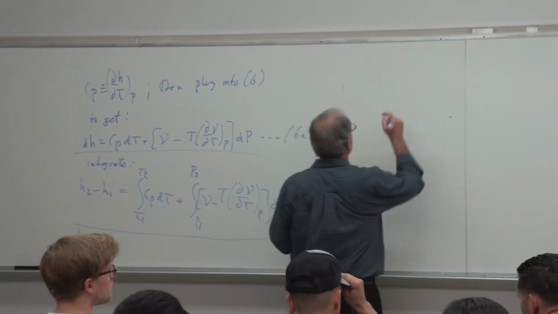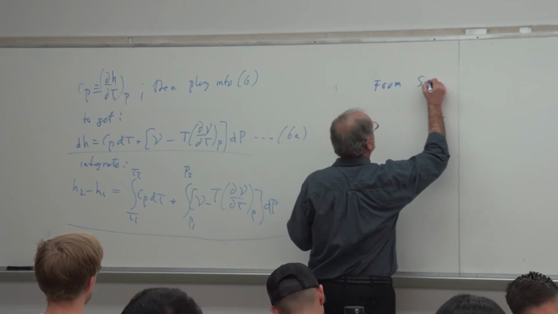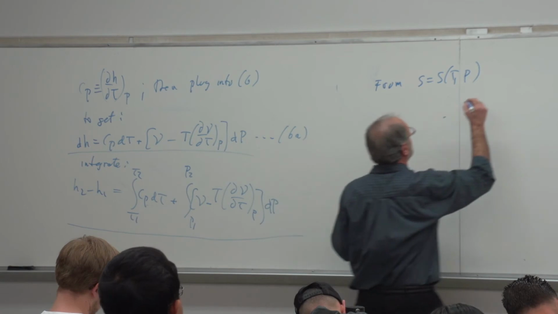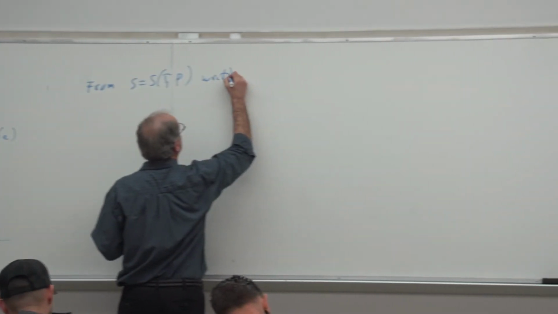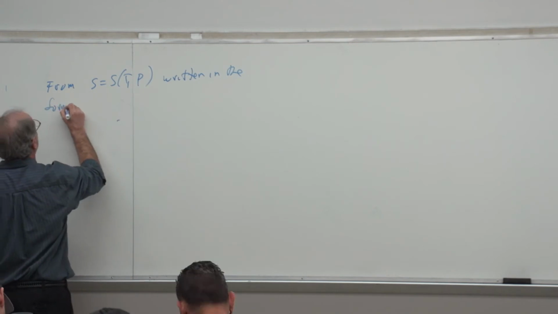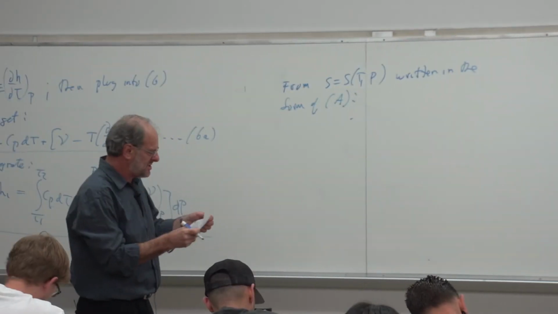So let's start from S as a function of temperature and pressure. And again, we're going to write this in the form of equation A. So again, we're starting pretty much the same way.